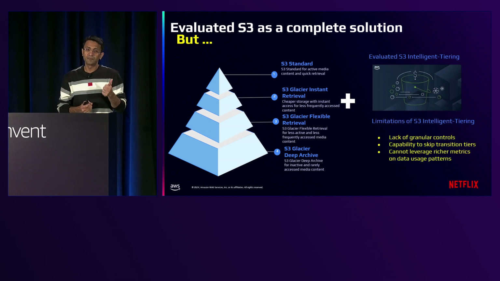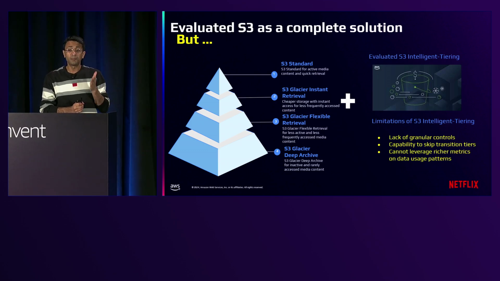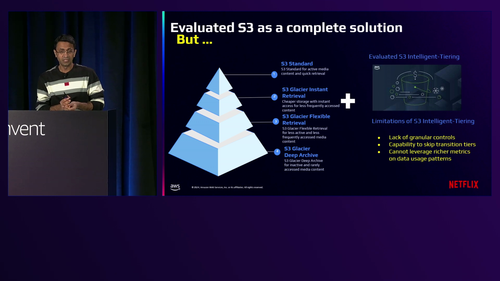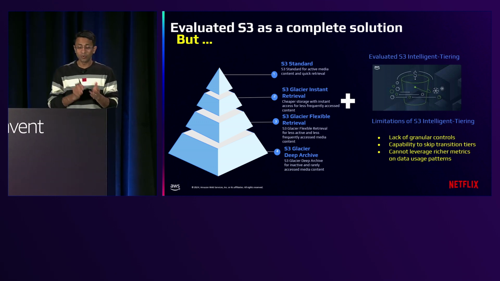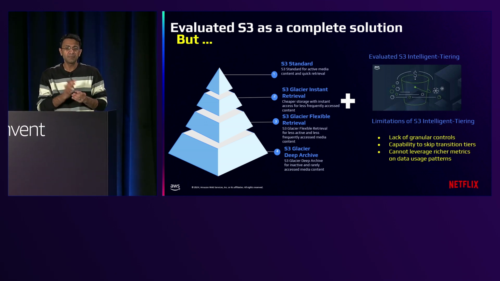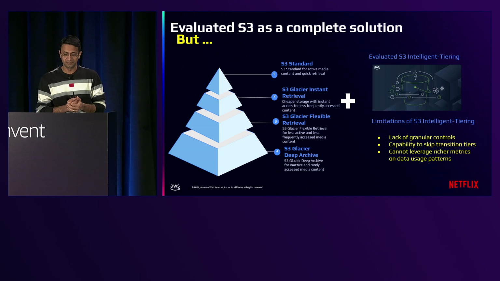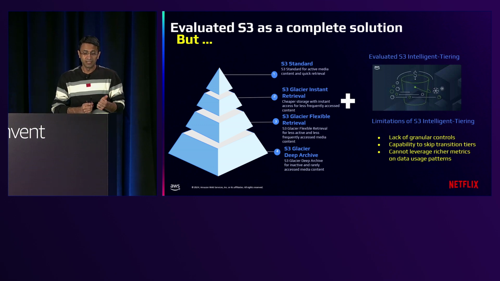First, the lack of granular controls. While S3 intelligent tiering automatically moves data across tiers after predefined periods, we need more flexibility over these transition rules as it matters significantly at our scale. Second, we can't skip transition tiers.